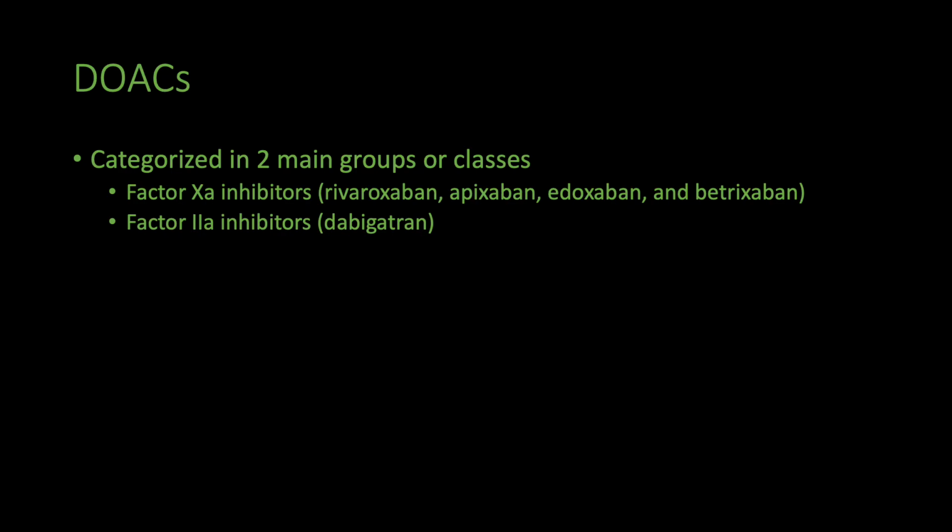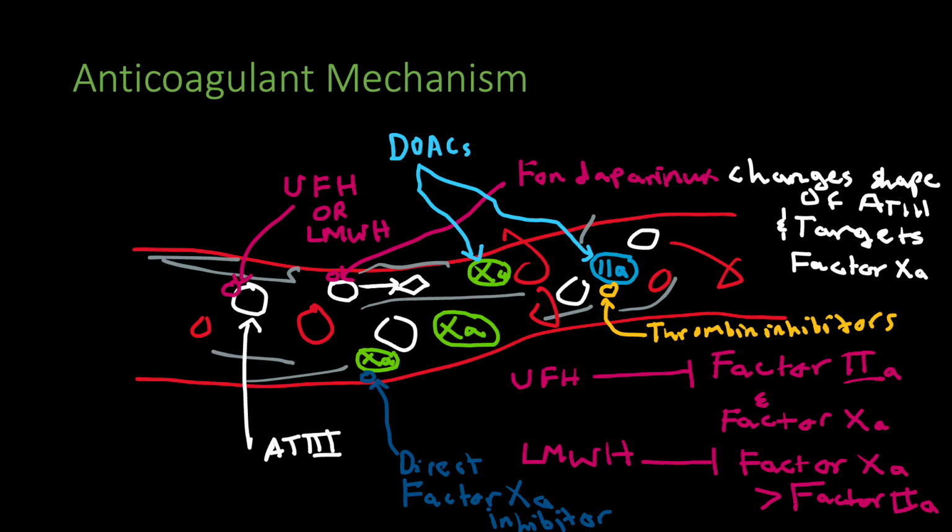All of these are examples of the DOACs, direct oral anticoagulants, that you should be familiar with. You can see here in this diagram, it's the same diagram I pulled from the slide in the previous presentation I had given, where you have the blood vessel here, and these are all the different platelets, and the red blood cells here.